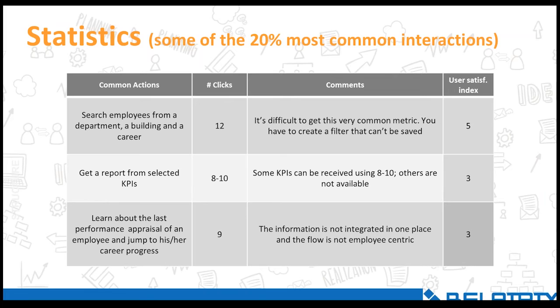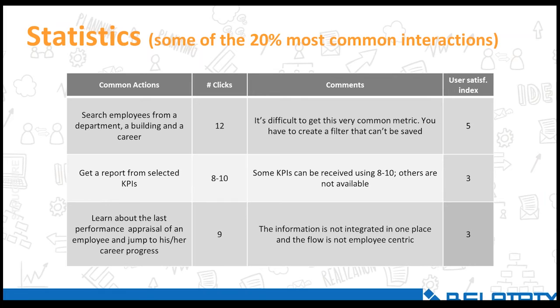And the second row, we can see a different action. That was to get a report from selected KPIs, so from selected performance indicators that were meaningful for our users. And they needed 8 to 10 clicks to achieve that.